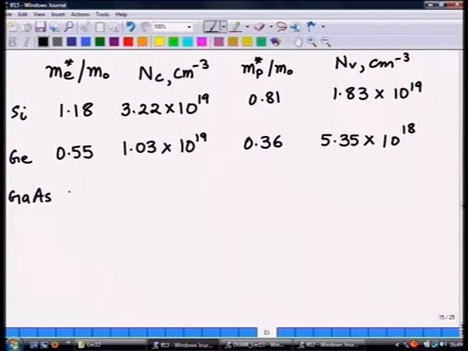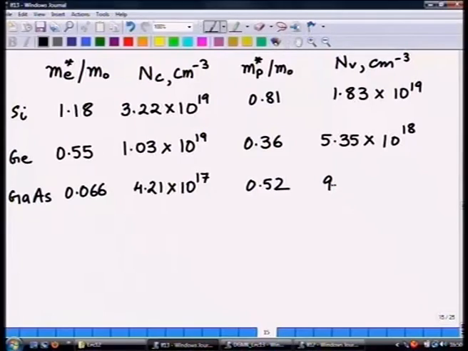The electron is really light, 0.066, and density of states is 4.21 into 10 to the power 17 only, whereas in relative terms between electron and holes, hole is about same heavy as, for example, in silicon and germanium. So, hole in case of gallium arsenide is equally heavy as in germanium and silicon, but electron is really light, and that has a consequence in electronic devices, because electron current can be very large, because the mass is very small. So, mobility can be very large.